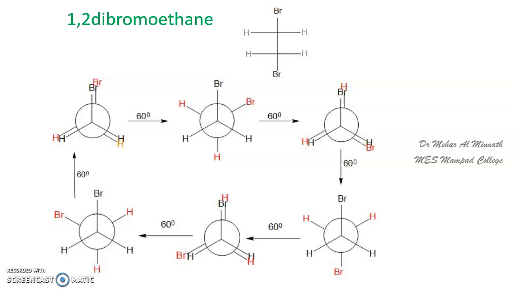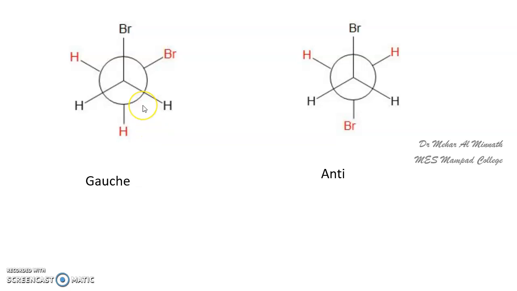Now we'll just look at the energy. How do we explain the energy of the conformer? Now we have the gauche conformation over here and the anti-conformation here. In gauche conformation, the angle between the two bromine atoms is 60 degree, while in anti-conformation, it is 180 degree.